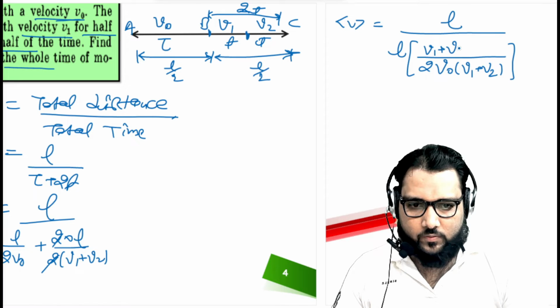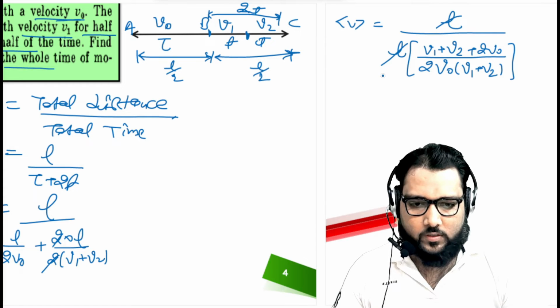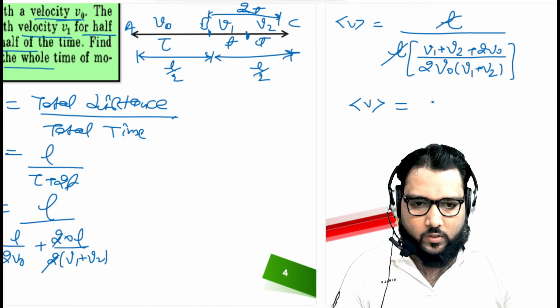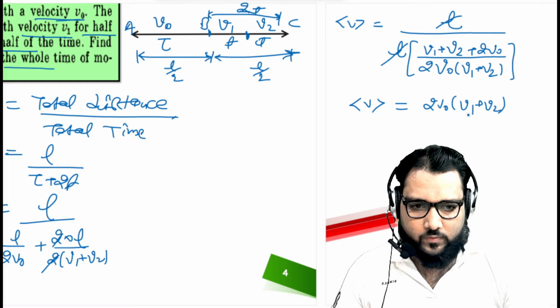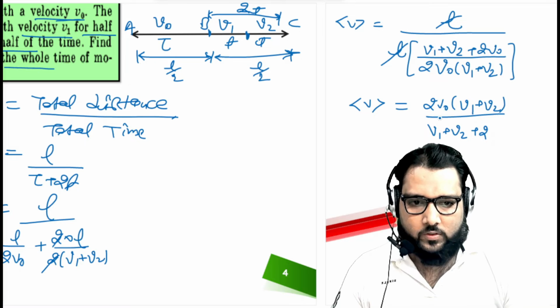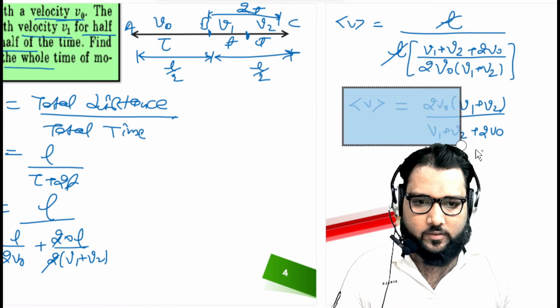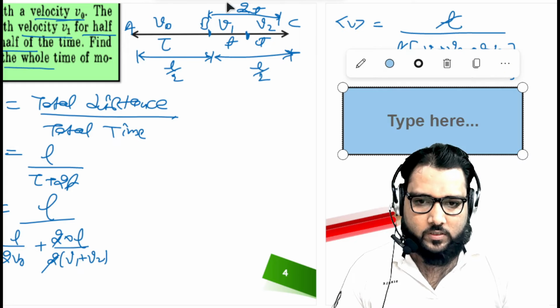Here L cancels out. So the average velocity comes out to be 2 V naught, V1 plus V2, upon V1 plus V2 plus 2 V naught. Is it okay, guys? This is the expression of average velocity.